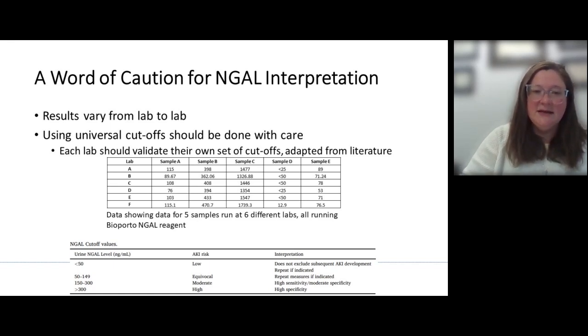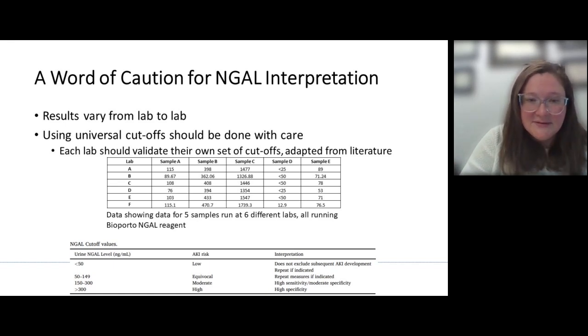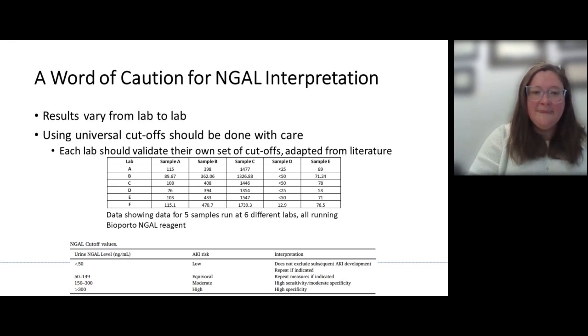This was the most recent survey that we did, and you can see there's a pretty wide range of results. In sample A, we see results as low as 67 and as high as 115 between the different laboratories. So depending on how your laboratory is measuring NGAL, these thresholds may need to be adapted or changed.